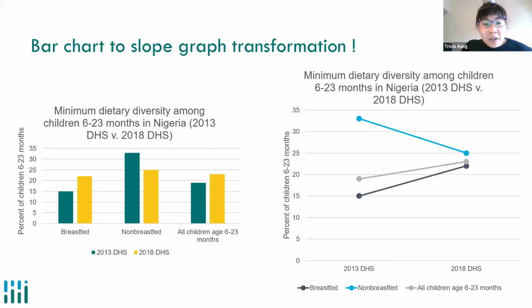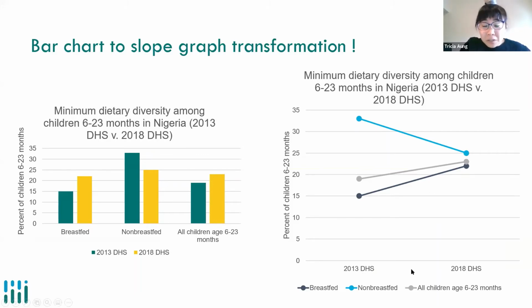So here's an example of how you could use a slope graph to visualize the same sort of information that's represented as a bar graph. You have the bar graph on the left, which visualizes minimum dietary diversity among children 6 to 23 months. We have 2 different time periods, 2013 and 2018.